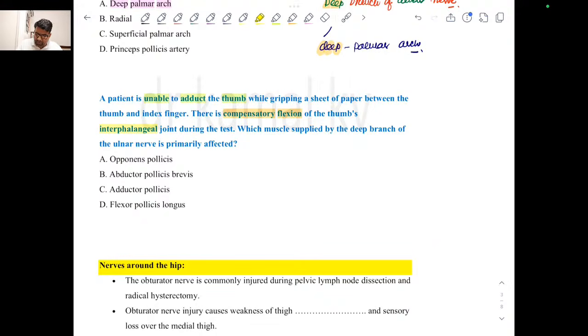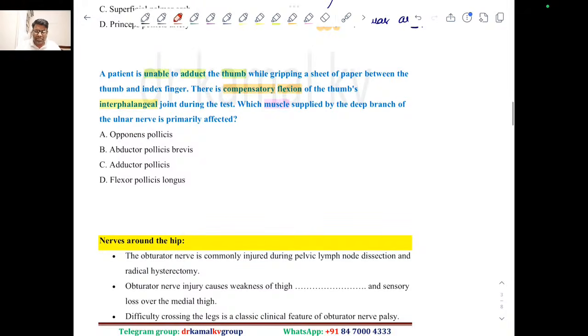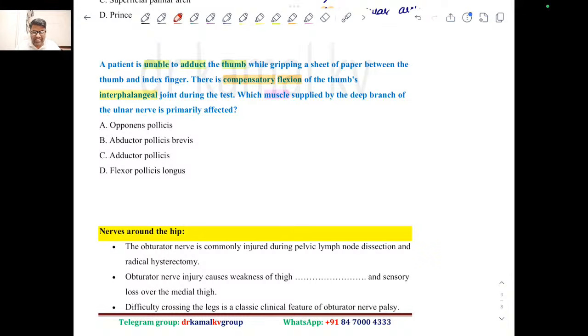Now the question is about which muscle supplied by the deep branch of the ulnar nerve is primarily affected. Now this is one very favorite topic for exam setters. Now let us see what is being tested here.